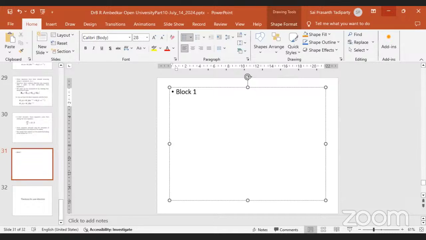In pair production, you have the concept of negative energy. According to classical theory there is no such concept of negative energy, but quantum mechanics explains the existence of negative energy states.